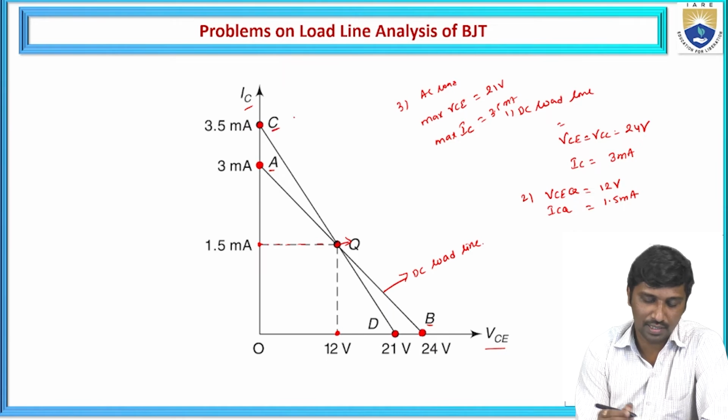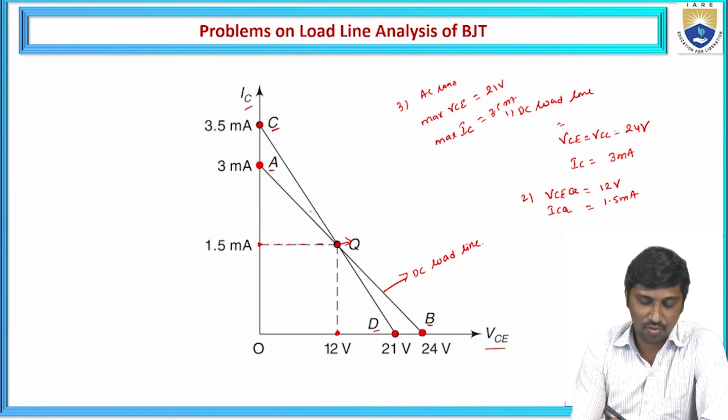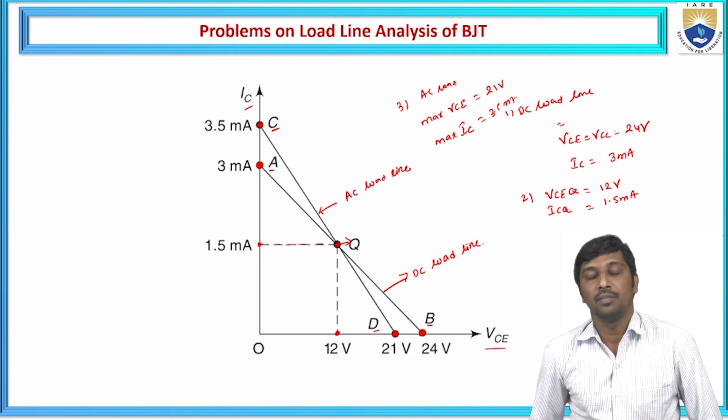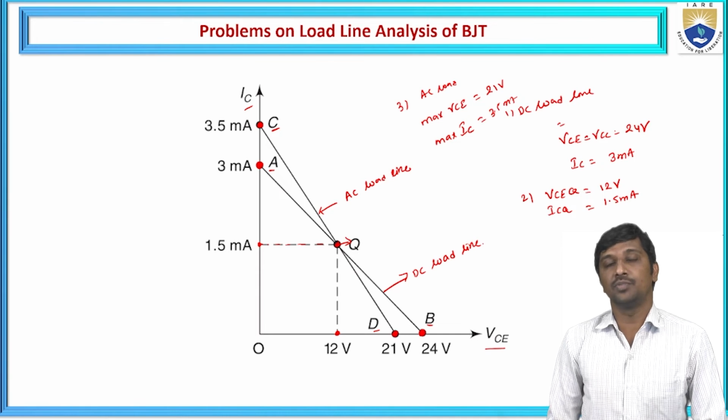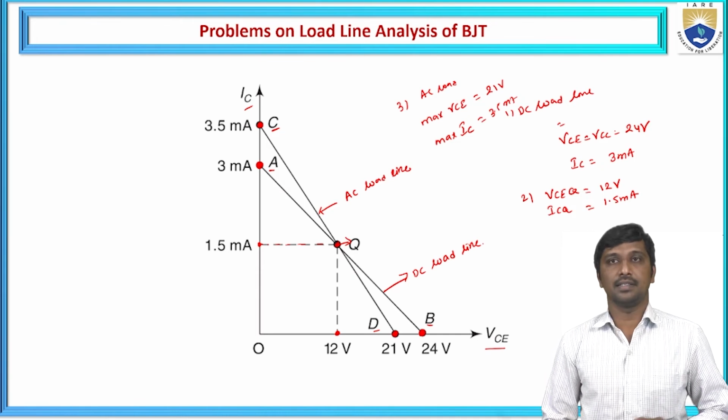Then this is the C node, and here I create the D node. The line through C and D passing through the Q point is called the AC load line. So based on the given specifications, we observe the Q point values as well as the DC load line and the AC load line parameters.